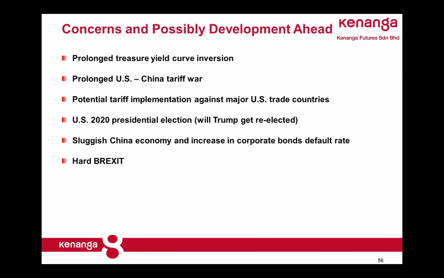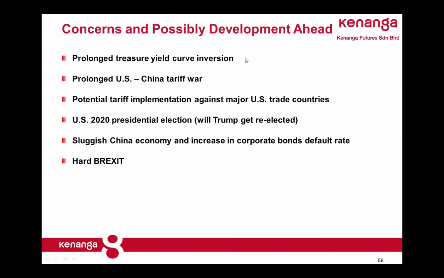And then this will be the coming second half. These are the concerns and possible developments that are going to have a negative impact on the overall index performance. So the first thing will be the Treasury yield curve inversion.